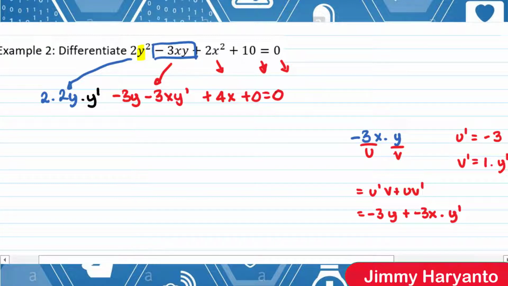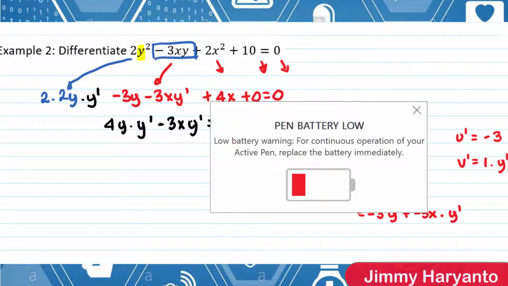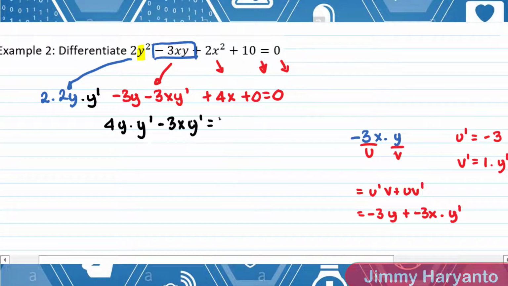Okay, let's move all of the terms without the y accent. So it will leave us 4y times y accent minus 3x y accent, and then I also have 3y at the right side, and then minus 4x.